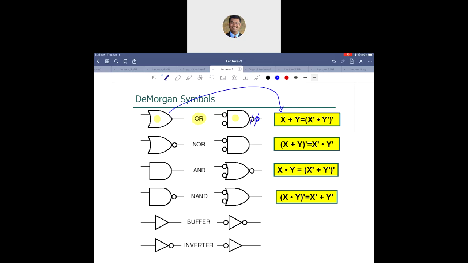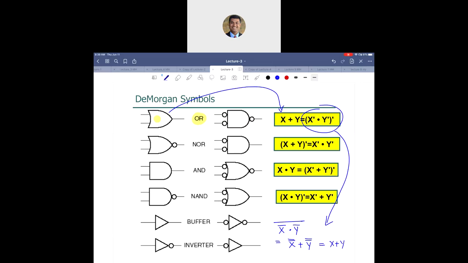And because they were getting pushed through, the AND will become OR, and you get back to your OR gate. Now, using Boolean algebra, you can also take a look at that. If you consider the right-hand side over here, x complement and y complement, the entire thing gets complemented. What is that? Using De Morgan's law, it is simply the OR gate.